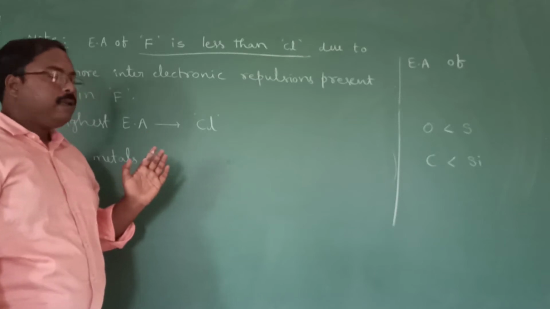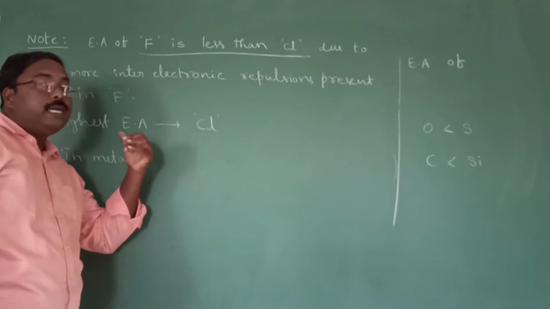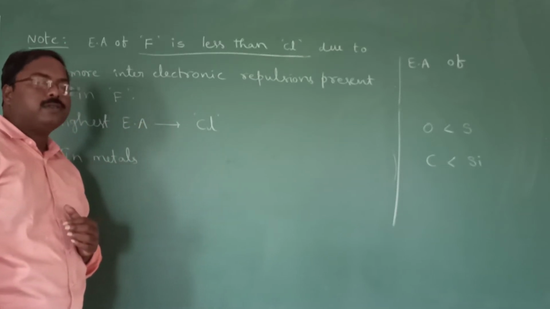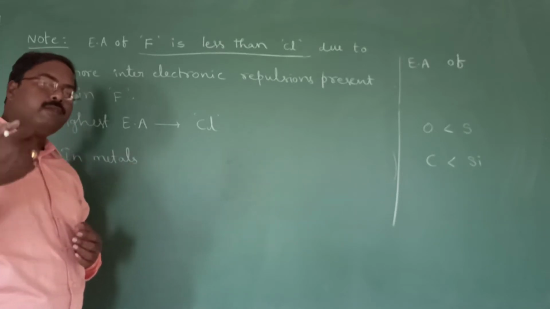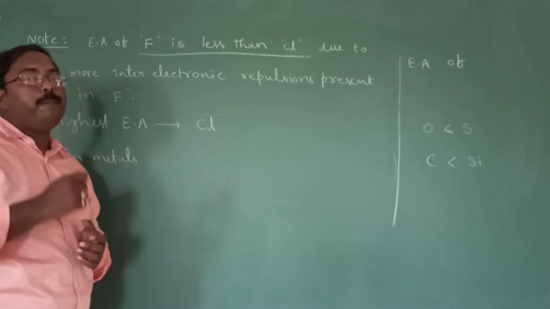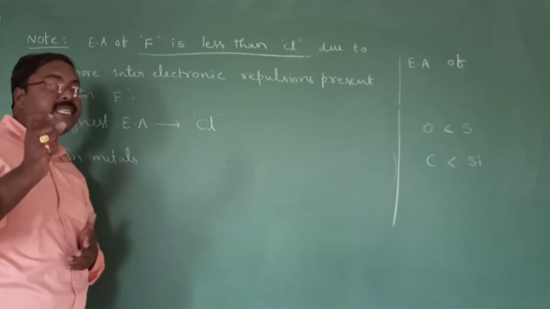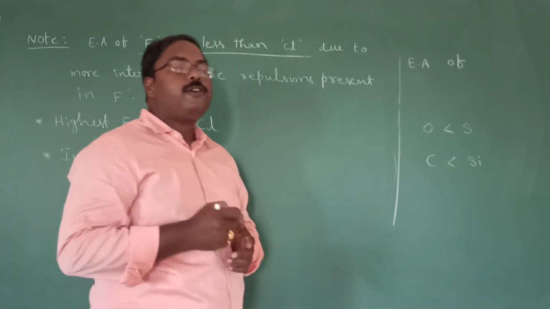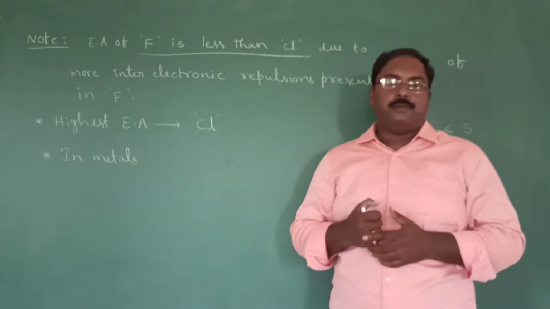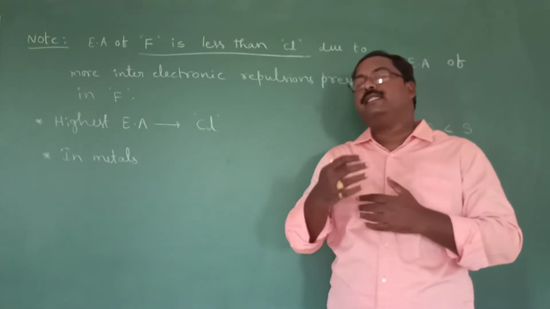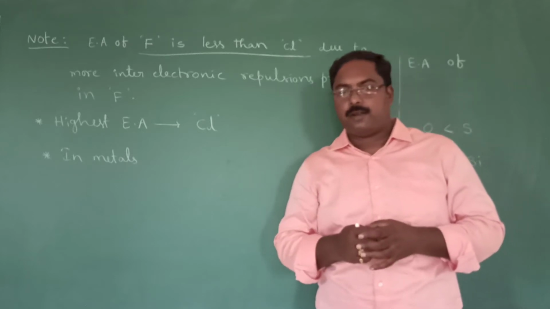So in the metals, there will be the lowest electron affinity values. The lowest electron affinity value in the case of metals will be observed mainly in mercury, okay? Hg symbol. So in the case of mercury, we will observe the lowest electron affinity value, because metals don't have the tendency to gain the electron.